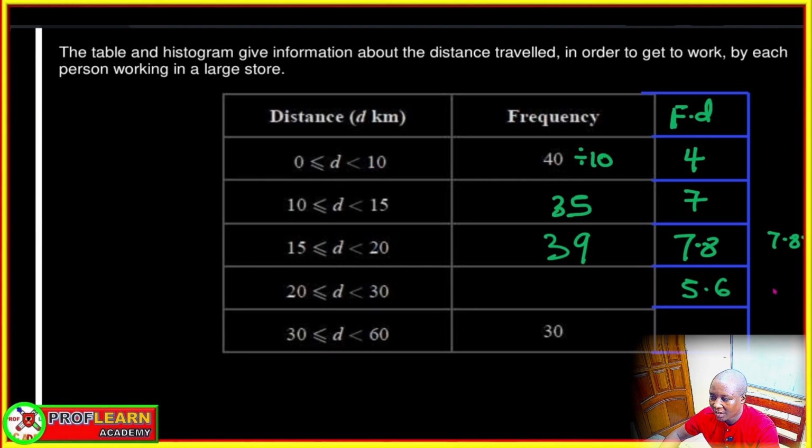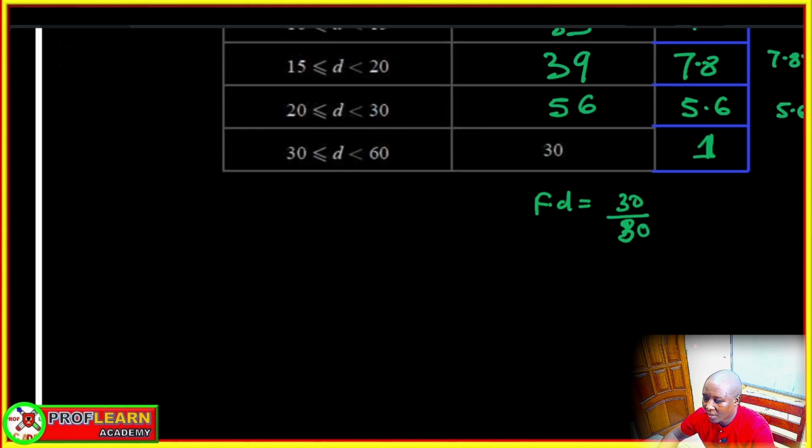Class size is 10. That is 56. Then the last one, frequency is 30, class size is 30. We divide 30 by 30, and then the frequency density will be 1. Then we're done with that particular part.